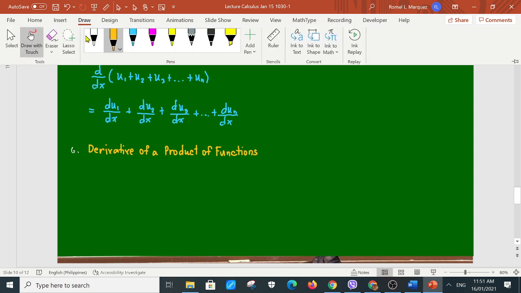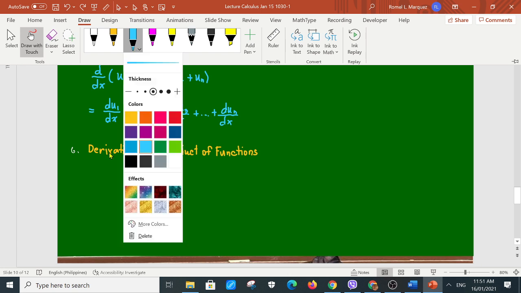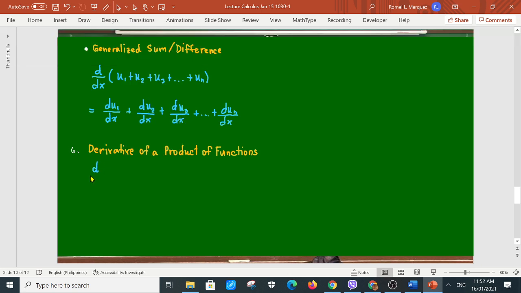So we have the derivative with respect to x of u times v, and that is f of x times g of x.